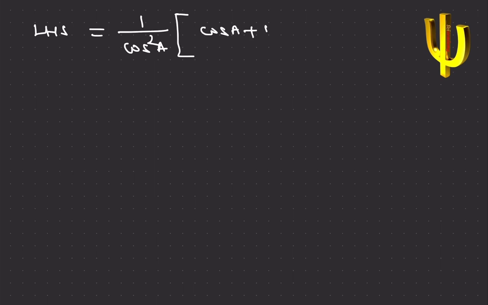Further, LHS equals 1 by cos square A, taken as a common factor, now we have cos A plus sin A whole square plus cos A minus sin A whole square.